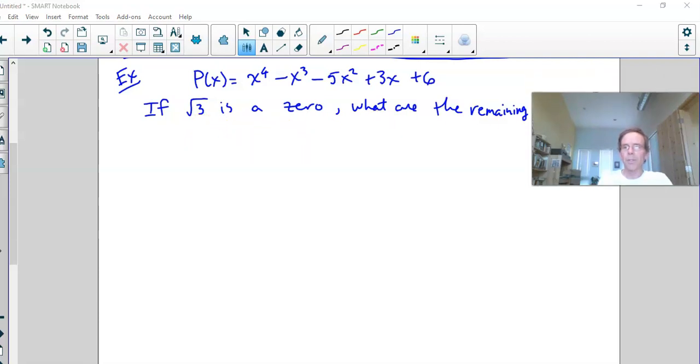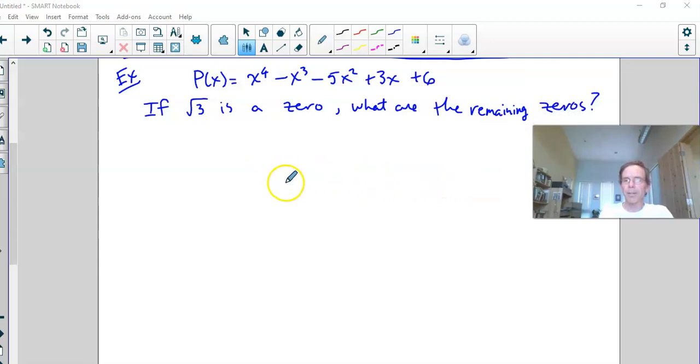Maybe you can't see that, hidden by my picture there. Anyway, all right. So according to the irrational zeros theorem, which said if we had something like a plus b square root of c, how does square root of 3 fit in this?